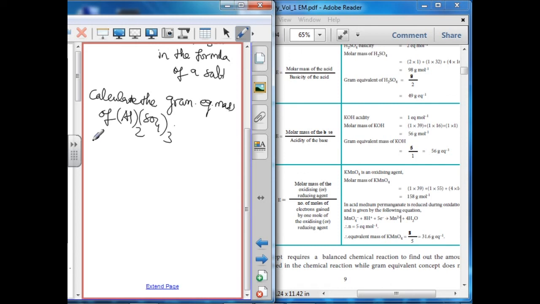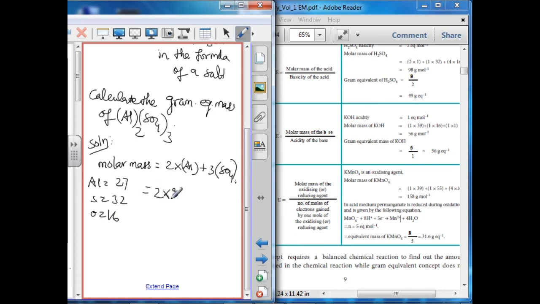First we have to calculate the molar mass, equal to 2 atoms of aluminium and 3 molecules of SO4. The relative atomic mass of aluminium is 27, sulfur 32, oxygen 16.